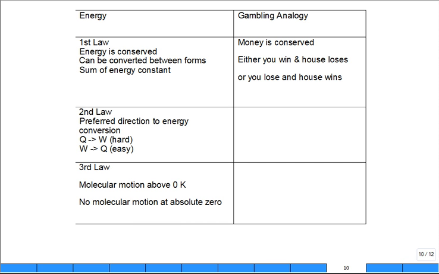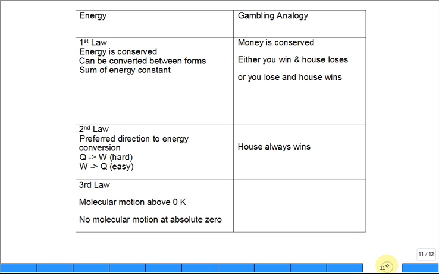The house has so much money. You're gambling in Las Vegas against the house, right? And the money is there. At the end of the day, when you go to bed, the money's conserved. Either you won and the house lost, or you lost and the house won. True? But money didn't just trade and destroy. It's conserved. But what's the analogy with the second law? There's a preferred direction to the transfer of money.